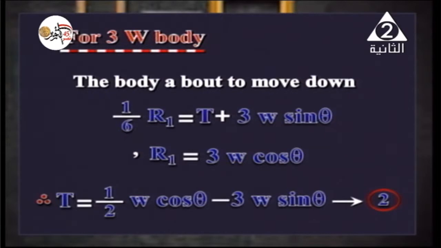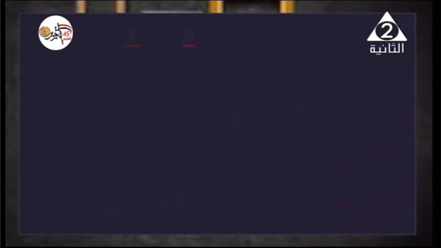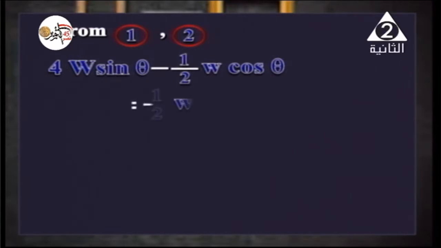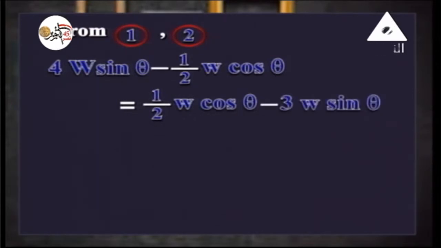We know that the first equation starts with T on the left hand side, and the second equation also has tension T on the left hand side. From 1 and 2, my dear student, we form the equation 4W sine theta minus half W cosine theta equals half W cosine theta minus 3W sine theta.